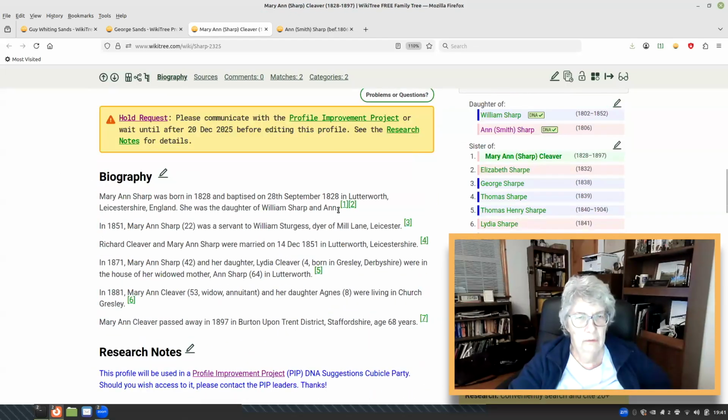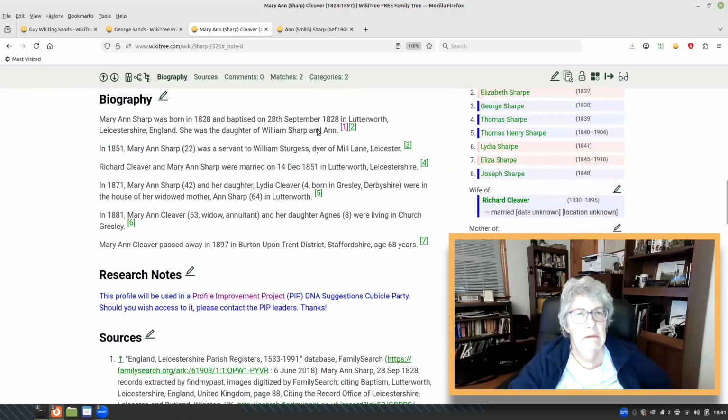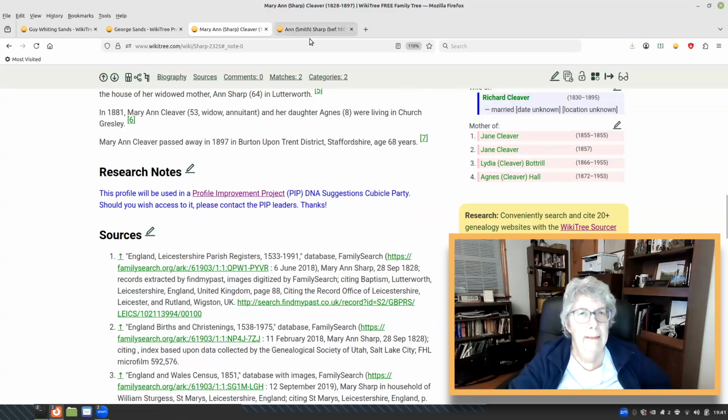So we've got a source here. Let's see what it says. I can't go to Find My Past to know if both parents are listed or not. William Sharp and Anne. I'm assuming, the way it's written and the way it's cited, that looks pretty good.